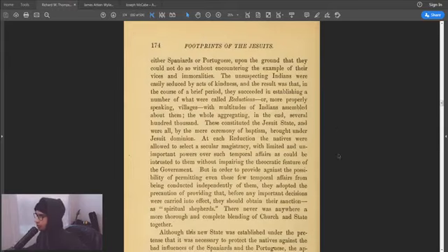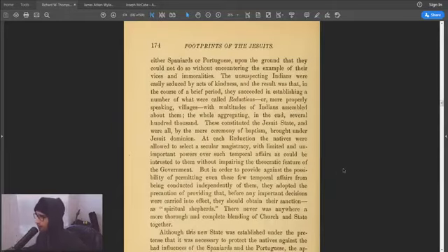At each reduction, the natives were allowed to select a secular magistracy with limited and unimportant powers over such temporal affairs as could be entrusted to them without impairing the theocratic feature of the government, which is English for the Latin words governamento, which means mind control.